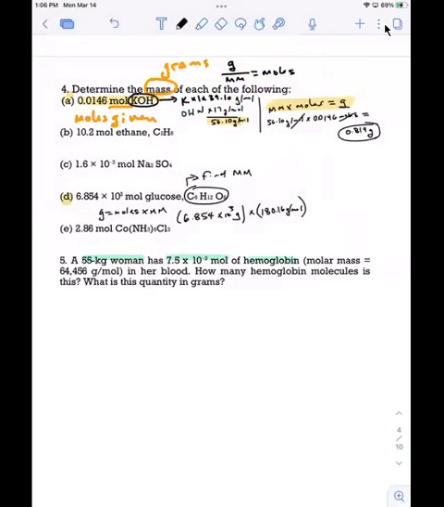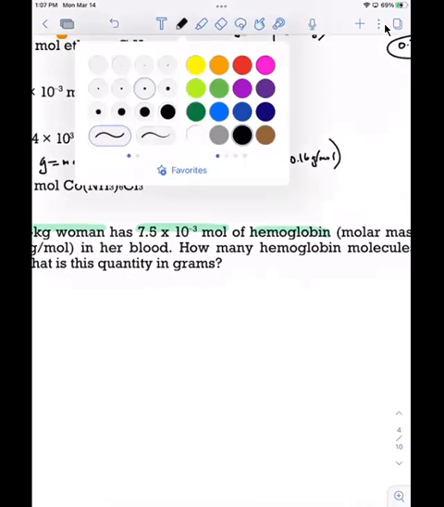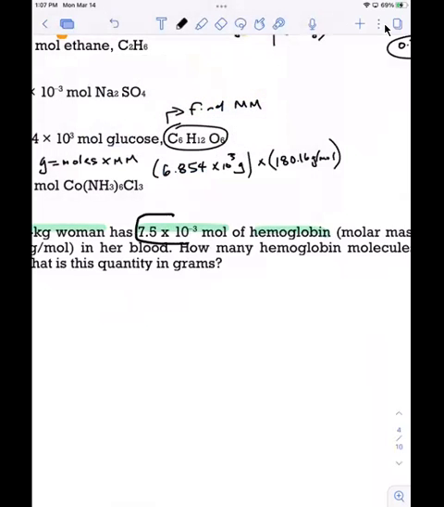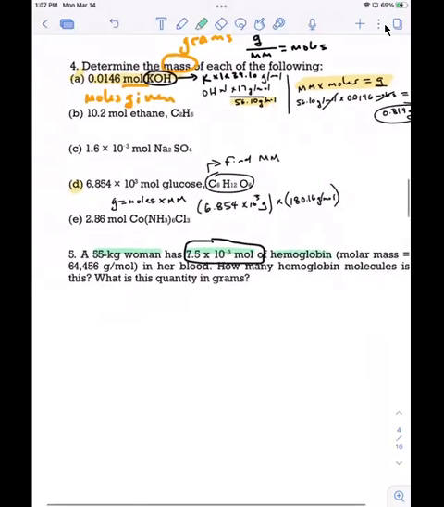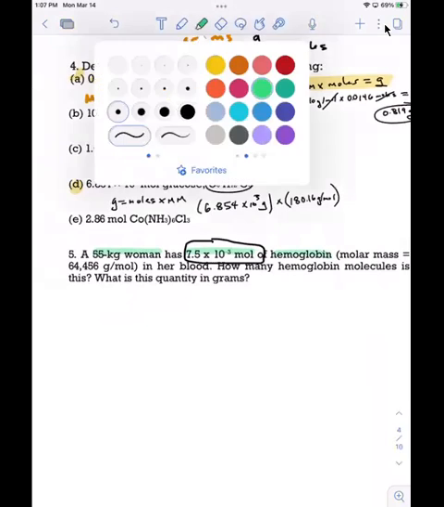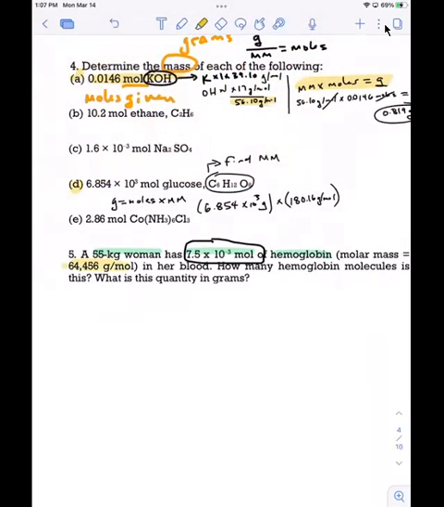You see where it says how many hemoglobin molecules is this? And then the second part of the question is what's the quantity in grams? So what do we need in order to find molecules as well as grams if we're given a specific number of moles of a compound? We have 7.5 times 10 to the minus 3 moles, and we're given the molar mass as well, 64,456 grams per mole.